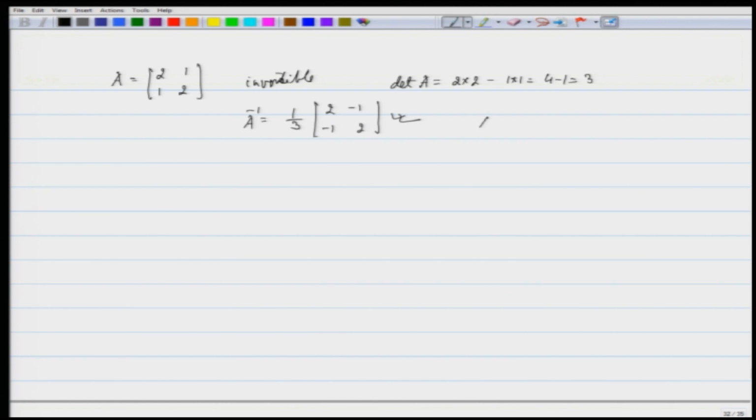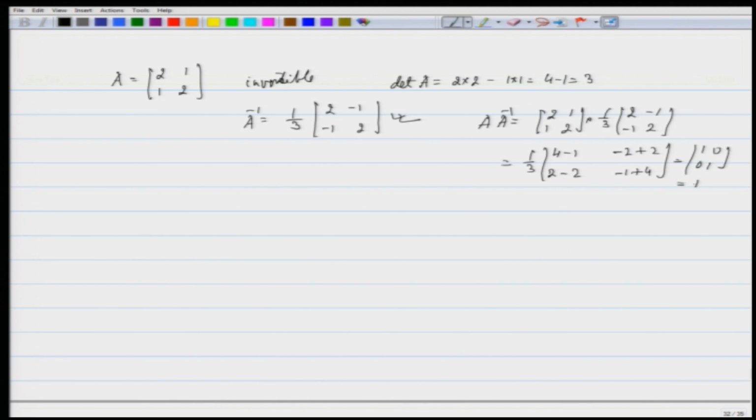So you can check that A times A inverse is 2 1 1 2 times 1 upon 3 of 2 minus 1 minus 1 2, which is 1 upon 3 times, multiplying out, 2 into 2 is 4 minus 1, minus 2 plus 2, 2 minus 2, minus 1 plus 4, which is 1 0 0 1, which is I 2. Fine. You can also verify what happens to A inverse A, do it yourself.